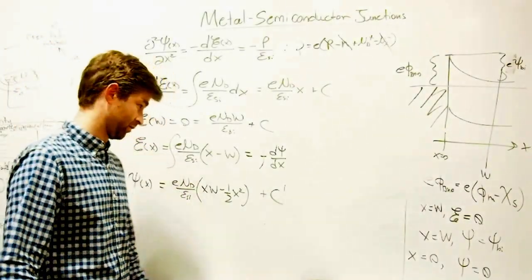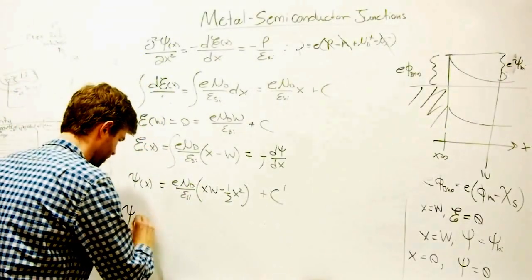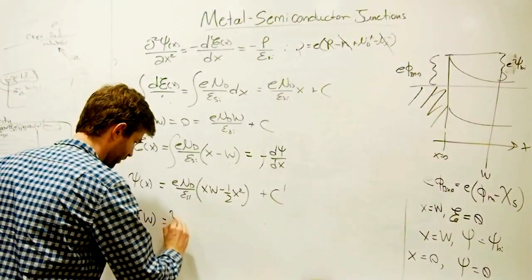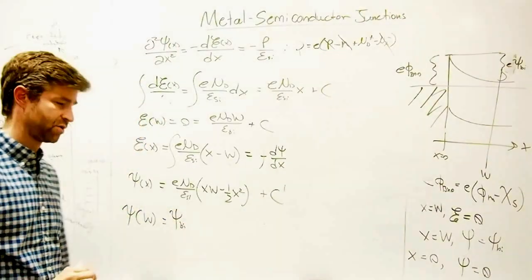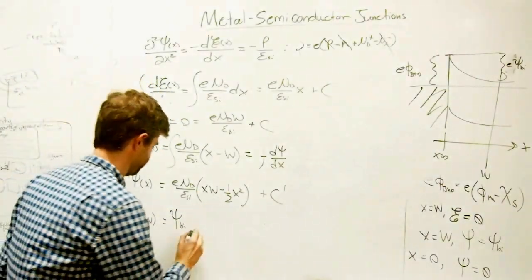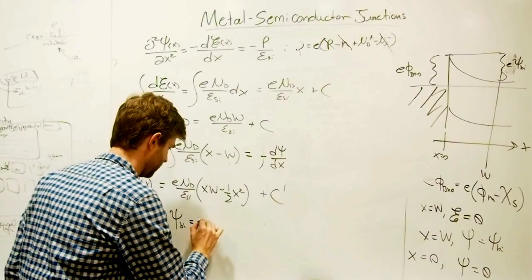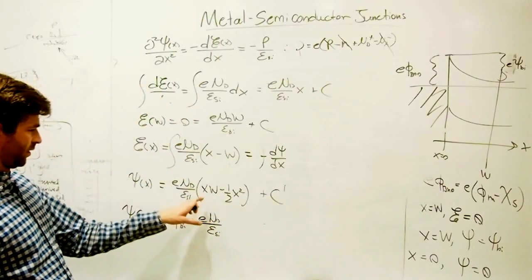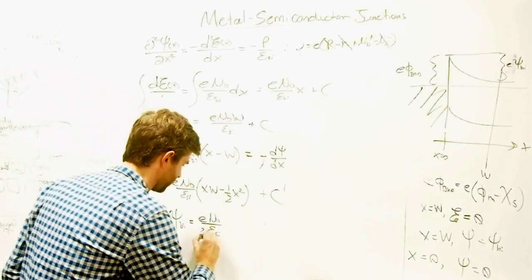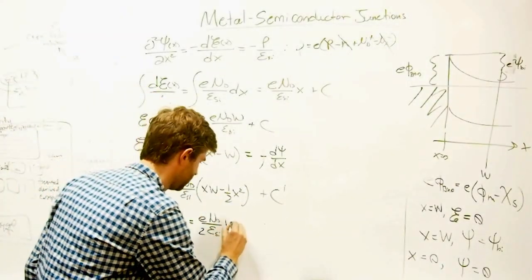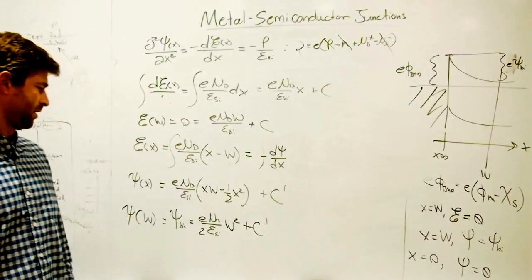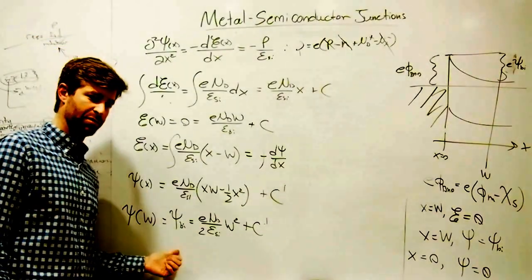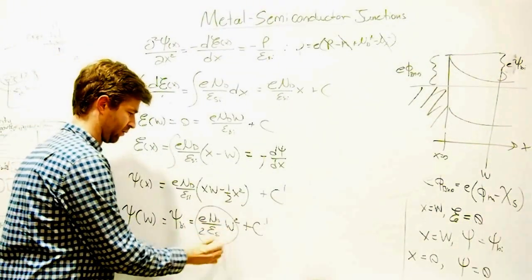Apply another boundary condition: psi of w equals psi bi, our built-in potential, which we don't know yet, which is equal to e ND over epsilon silicon times (w squared minus 1/2 w squared), so 1/2 w squared, plus c prime. That tells us c prime is our built-in potential minus this term right here.